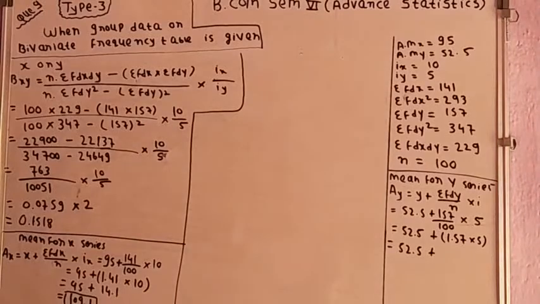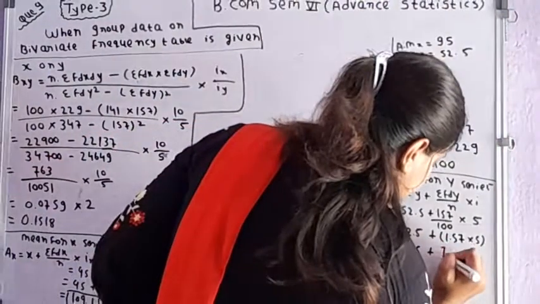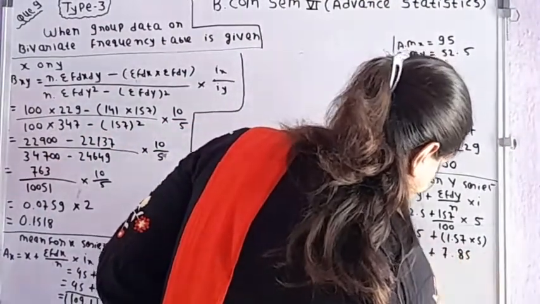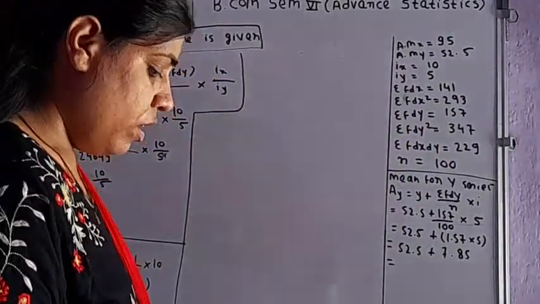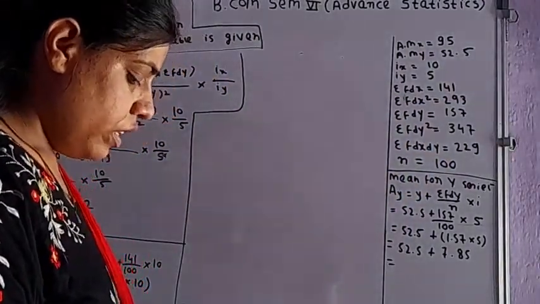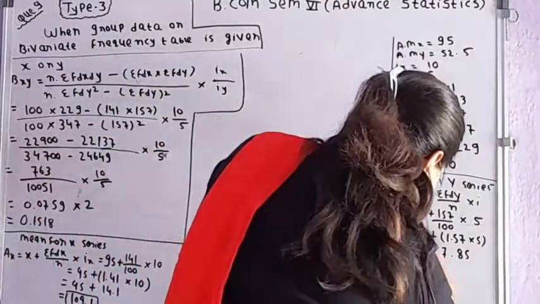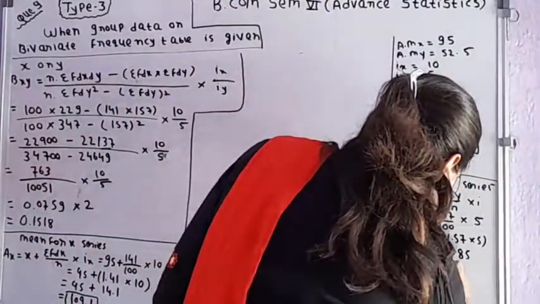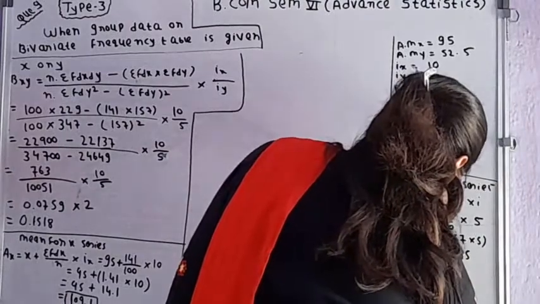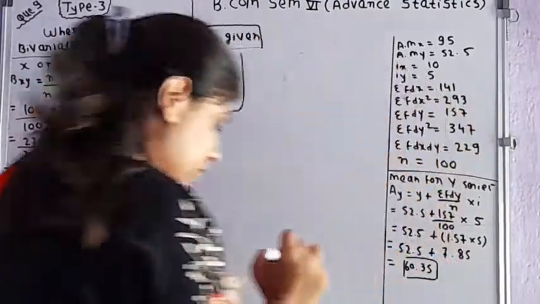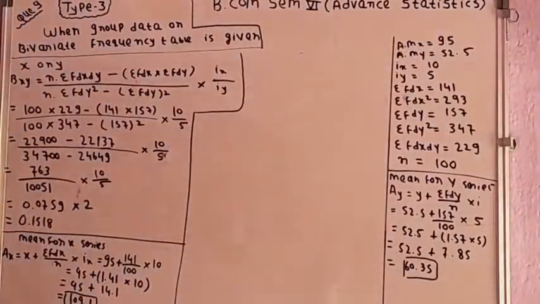It comes to 7.85. 52.5 plus 7.85 comes to 60.35. So here you can see that the mean for y series has come to 60.35.